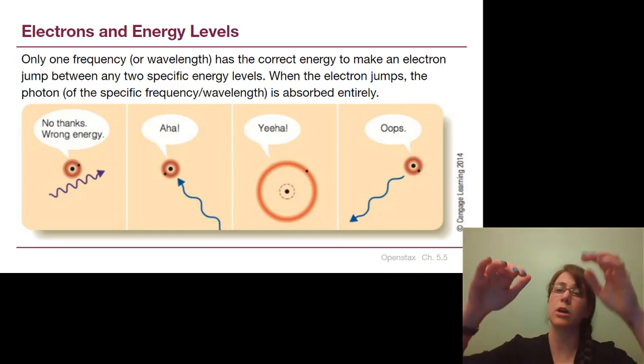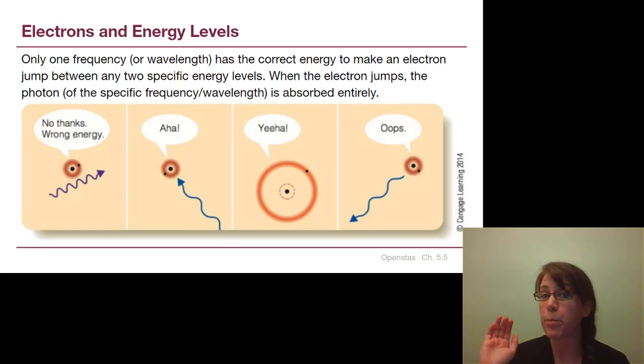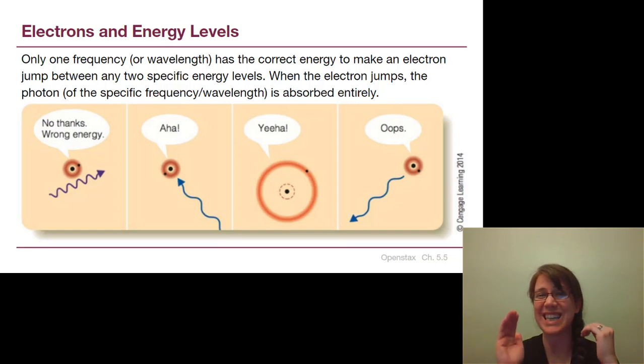Just like rungs on a ladder, we can't put our foot halfway between two rungs, and the electron can't make that change. We need to give it the exact right amount of energy to move one step, or more energy, but the exact right amount to move two steps, or so on.